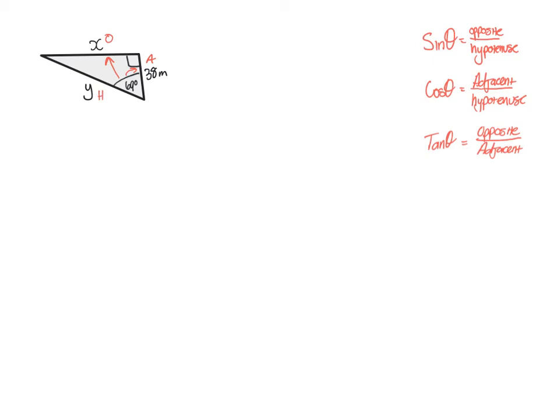So for us, we are working with the adjacent and the hypotenuse. So we need to find a ratio that has adjacent and hypotenuse with it. So that's cosine. So we will be using this ratio just here.